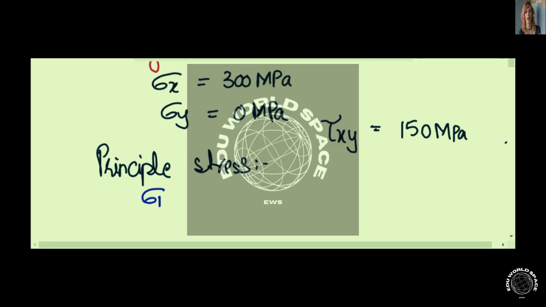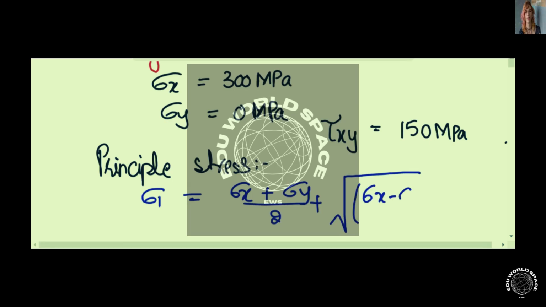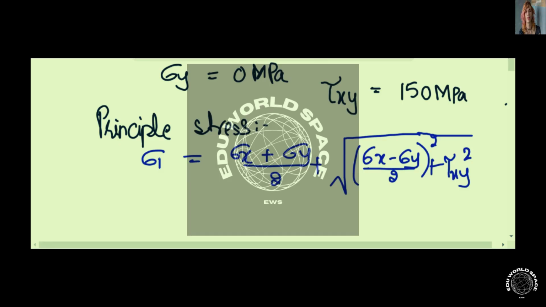We would be using the following equation. So that is sigma sub 1 is equal to (sigma sub x plus sigma sub y) divided by 2 plus under root ((sigma sub x negative sigma sub y) divided by 2) whole square. This under root continues, plus tau sub xy square, right? The next step is to plug in the values.